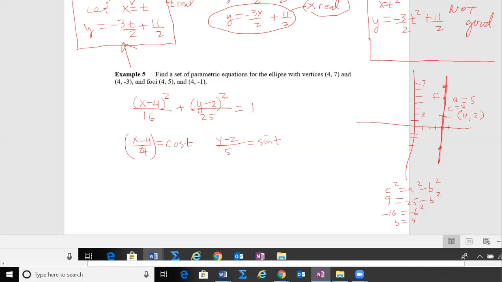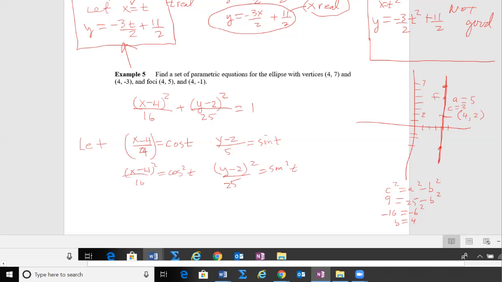So notice that if we let this happen, then we will get this x minus 4. Notice it works because if you square this, 16 is cosine squared, and this y minus 2 over 5, whoops, that's 25, is the sine squared.